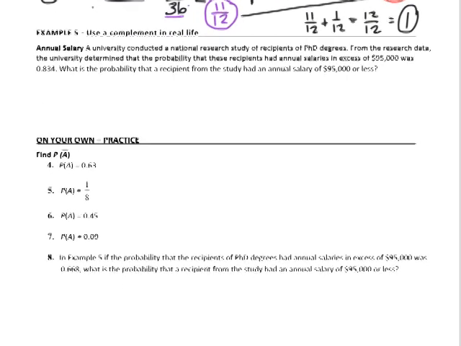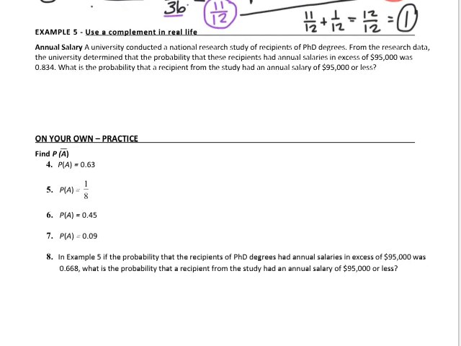Let's take a look at our last example. It says use a complement in real life. So we have an annual salary problem, and a university conducted a national research study of recipients of PhD degrees. That means that you're a doctor of some study.